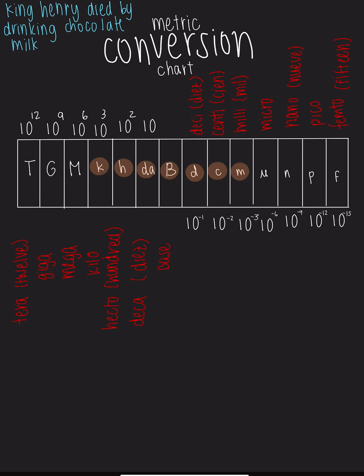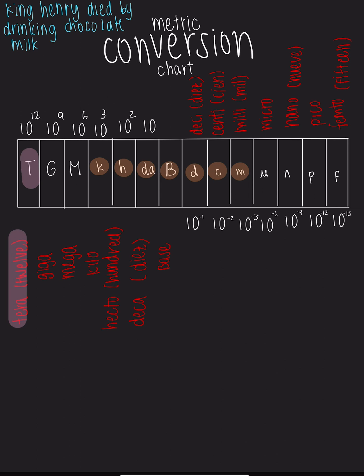These are my tricks. Someone asked me the other day, how do you remember which is which? Honestly, it is memorization, but at the same time, I did come up with my own ways to remember this material, so that's what I'm doing today. T is tera. T for 12. Can't get any more basic than that. Then you have giga and mega.